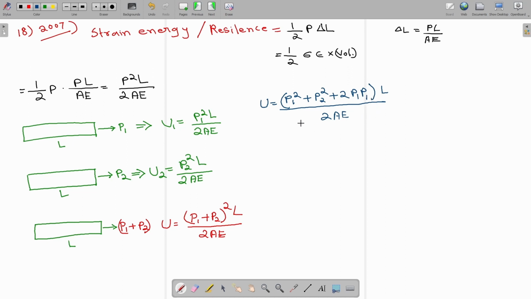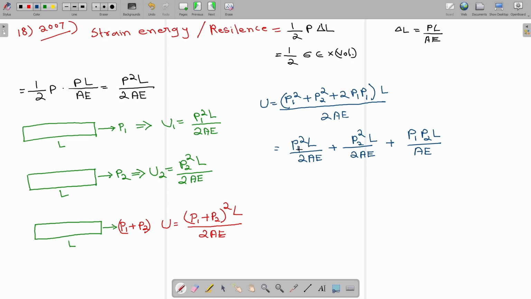Further simplifying, we get P1 square L by 2AE plus P2 square L by 2AE plus P1 P2 L by AE.